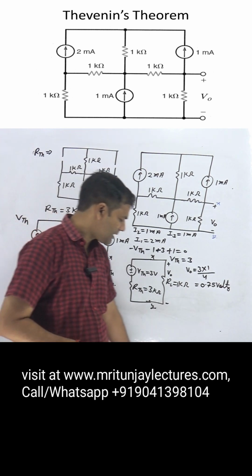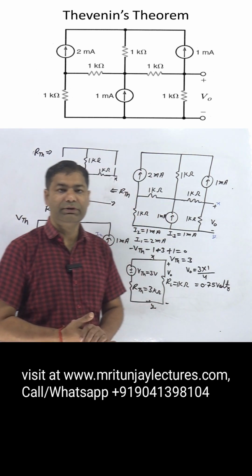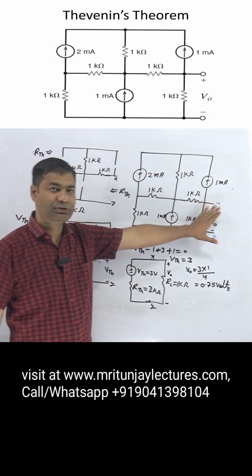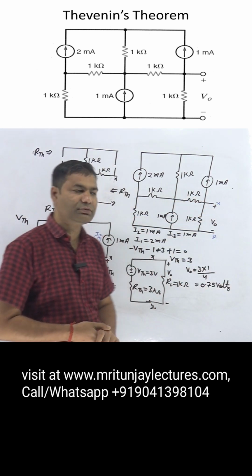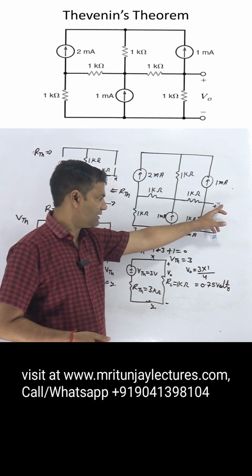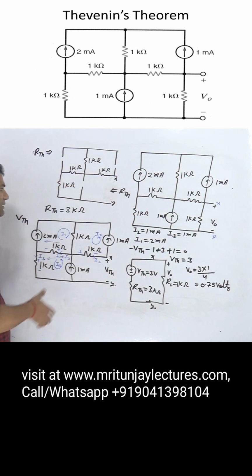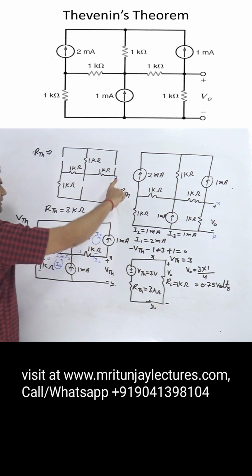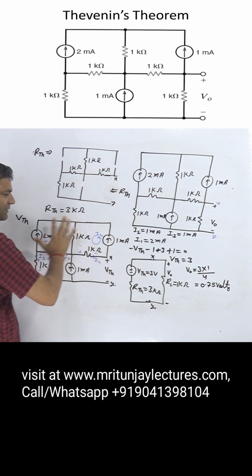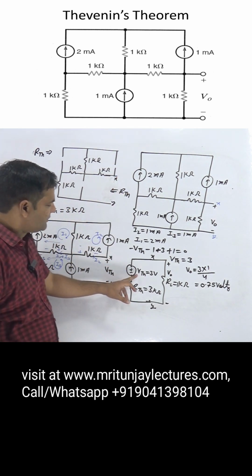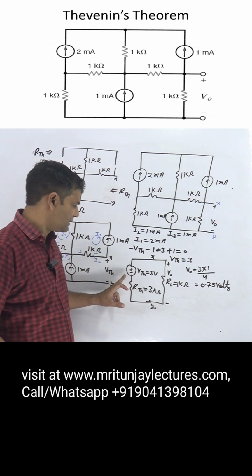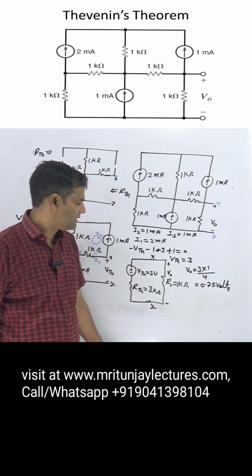So simply, how do we do it? First of all, our motto is to determine V naught. So we considered X and Y here. This one is converted into Thevenin's equivalent, that is XY, RTH and VTH. After that, determine these values. VTH is positive, that's why here positive, here negative, and RTH is 3 kilo ohm.